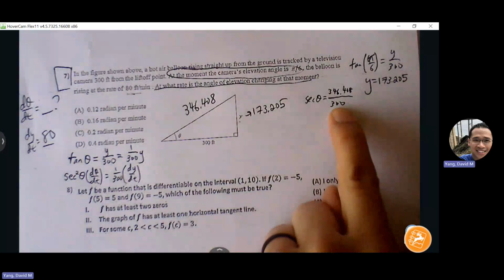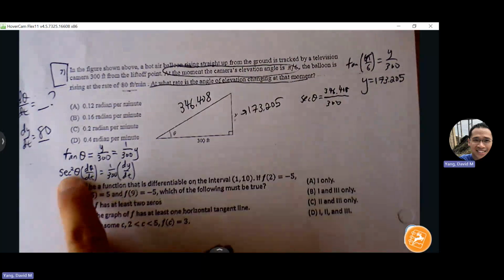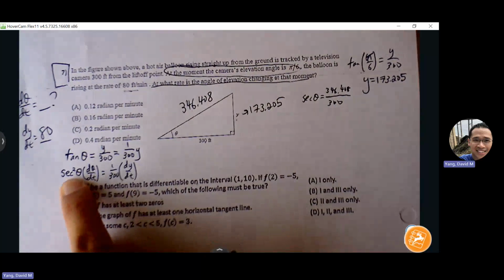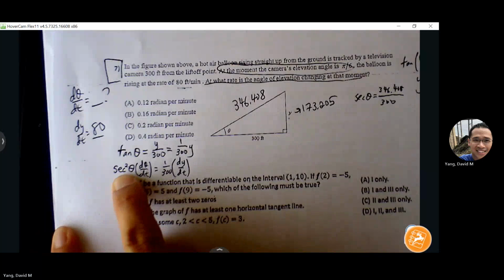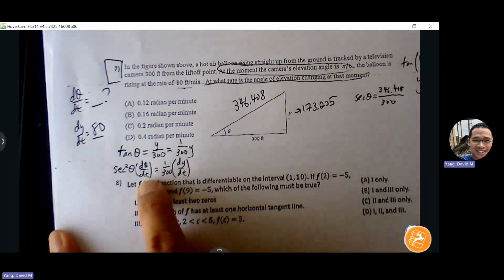So if I take that fraction, I square it, I get a decimal value, multiply or divide that over to the right side, and I can solve for d theta dt.